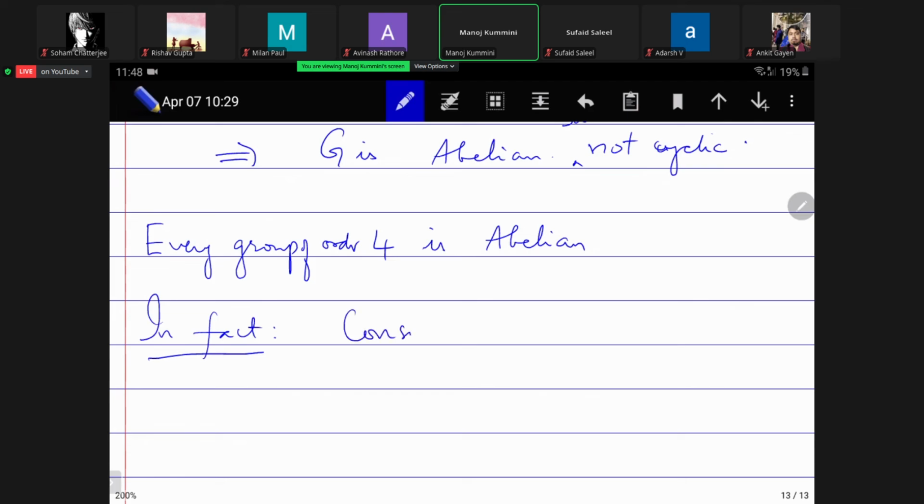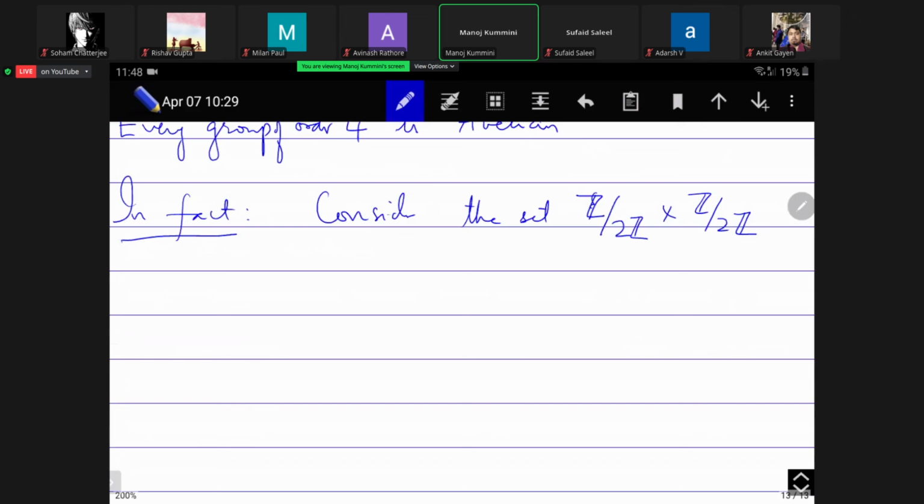Consider the set Z mod 2Z cross Z mod 2Z, the Cartesian product. This can be made into a group naturally.